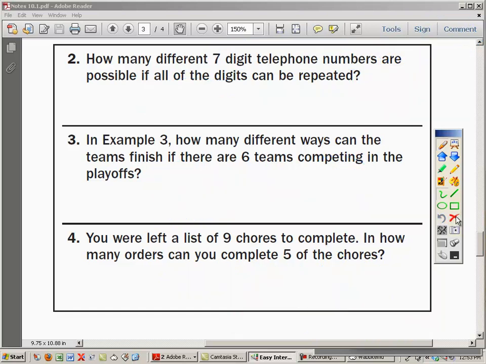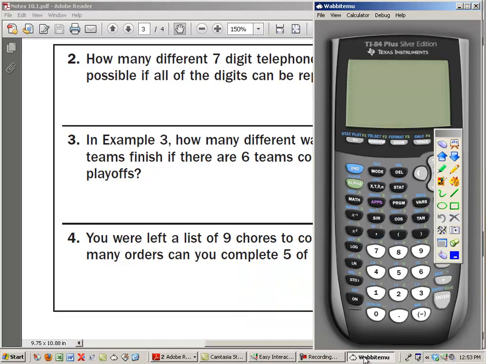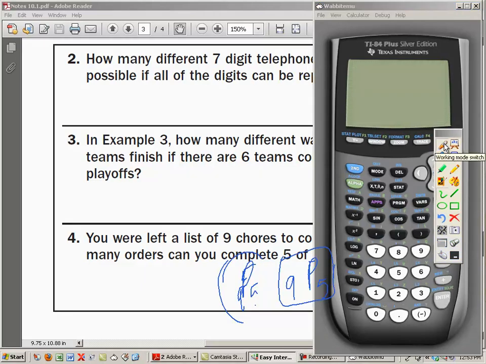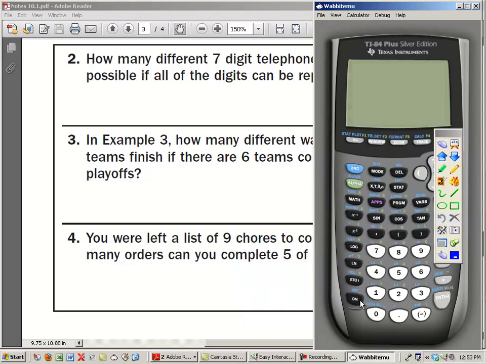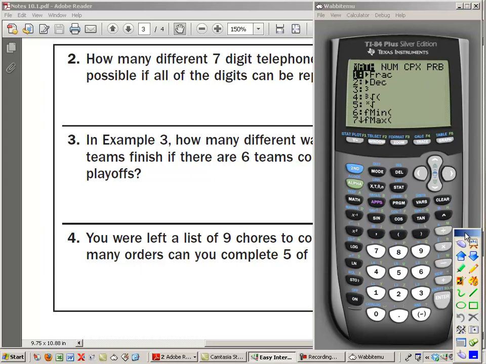All right, now I'm finally ready to let the cat out of the bag on how to do this permutation bit. We need to choose 9 permute 5. Now let's go back over to my graphing calculator real quick. I'm going to type my 9 in first, and then I'm going to hit math, slide over to probability, and you'll see nPr here.